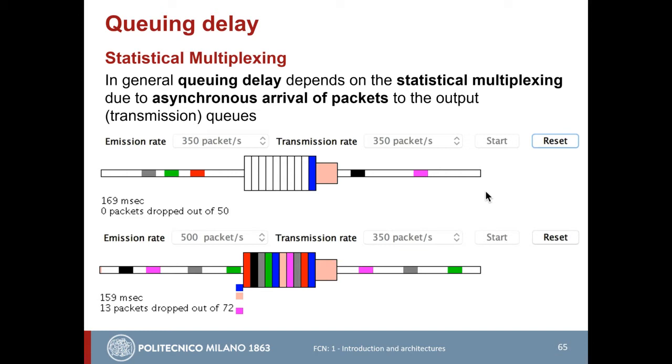But if this is only temporary and on the long period, on average, the arrival rate is less than the transmission rate, the queue will be able to withstand this temporary congestion because then it will empty again. Okay.